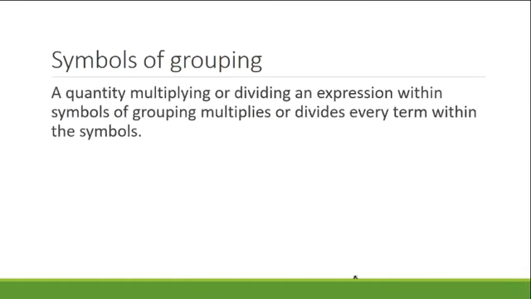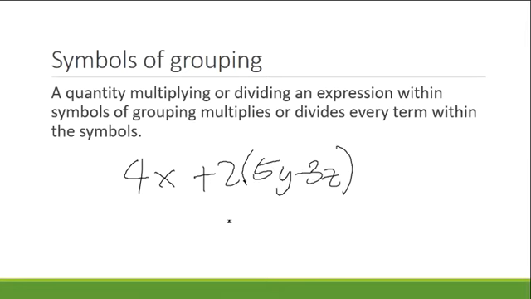A quantity multiplying or dividing an expression within symbols of grouping multiplies or divides every term within the symbol. Example, 4x plus 2 times 5y minus 3z. Okay? We can eliminate the grouping by simply multiplying, or we can recall kanina yung distributive law of multiplication with respect to addition. So, dito yon applicable para ma-remove natin yung grouping at mas ma-simplify pa natin siya.